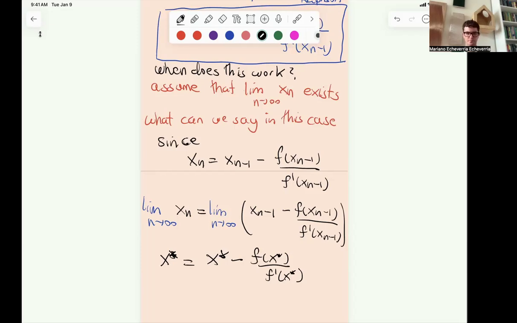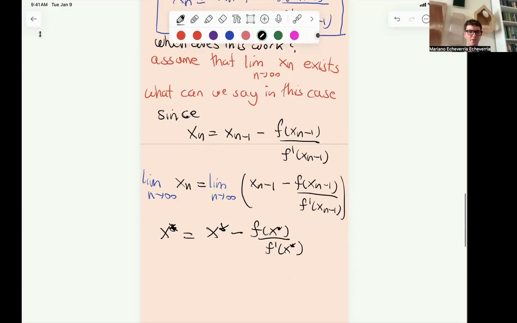Okay. So the x stars cancel, right? So you get that 0 equals minus f of x star divided by f prime of x star. And that is why it was important to know that the derivative would not be 0 at x star.